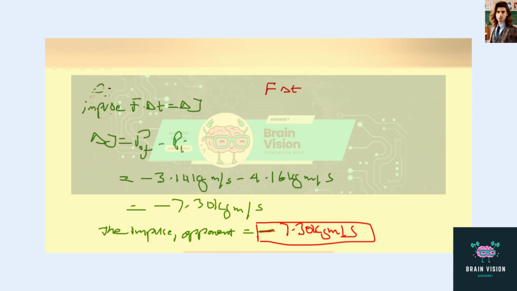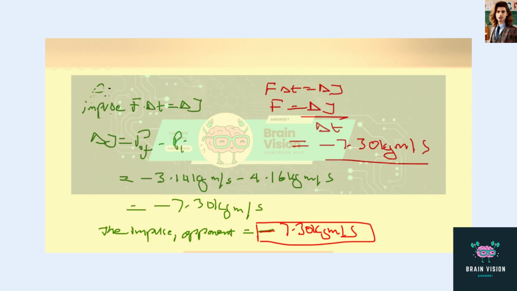Impulse, F delta t, equals delta J. If you want to find the force that the opponent is using, it is delta J over delta t. So we have negative 7.30 kilogram meters per second all over time, which is still the same 0.03 seconds. If you put those together, you get a negative number, negative 240 kilogram meters per second squared, which is the same as negative 240 newtons.